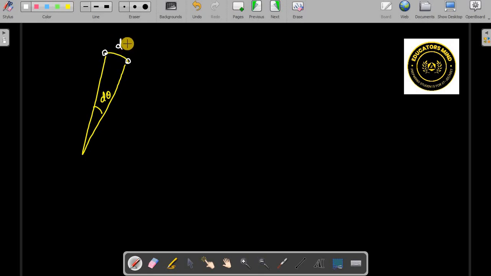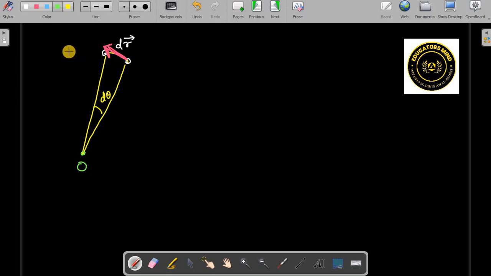You may write this as a small displacement, which is of course a vector quantity, dr vector. About this center, the body is moving.